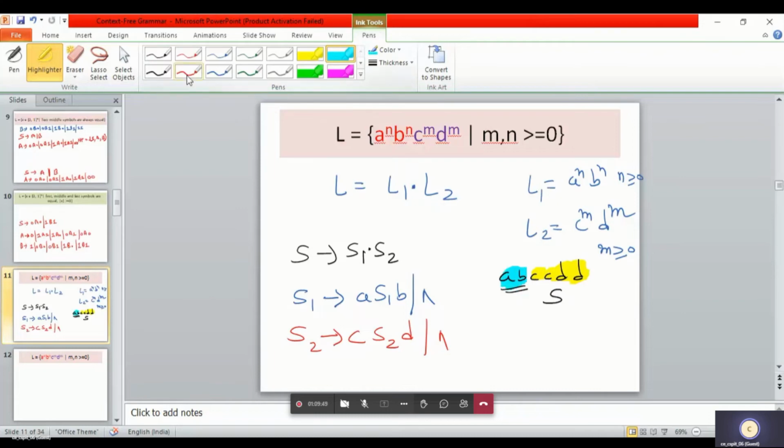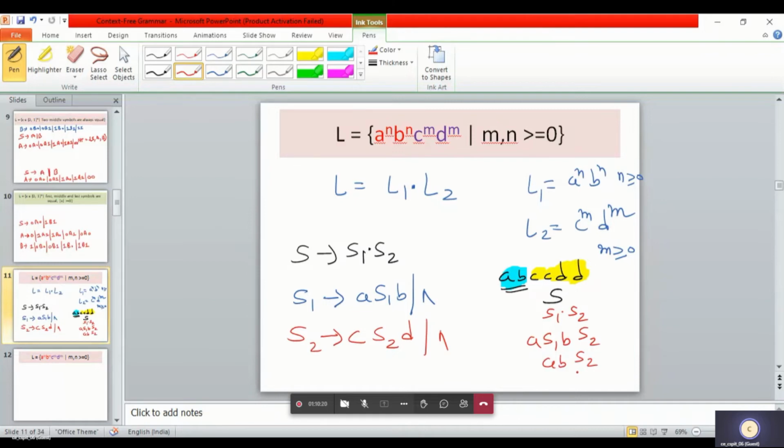So I will replace S with S1 S2. Now from S1, we'll have A S1 B S2, and then we'll replace this S1 with null. So we'll get A, B, S2.